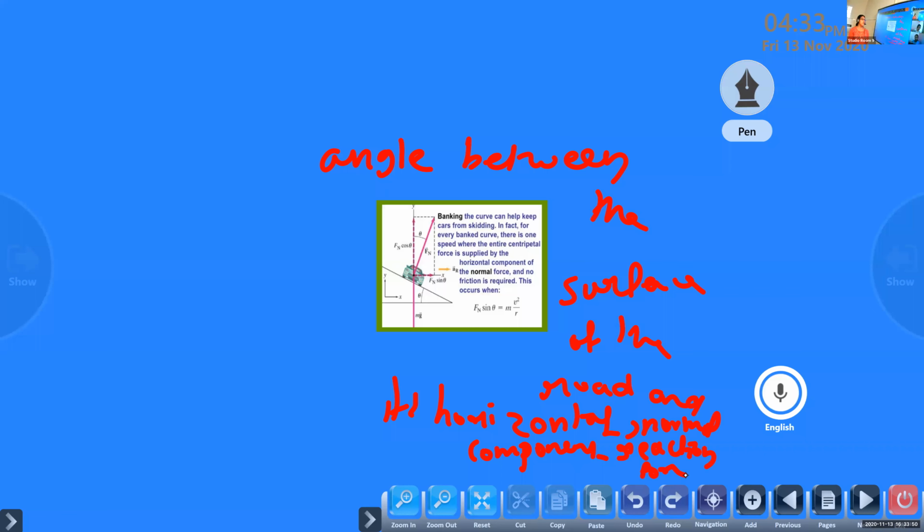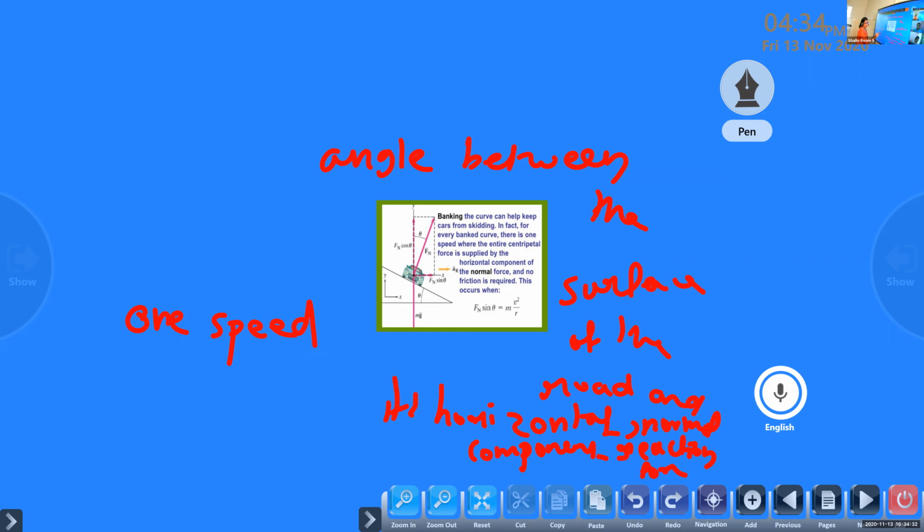So we can write that because of the banking, the vehicles obtain one speed where the entire centripetal force is supplied.